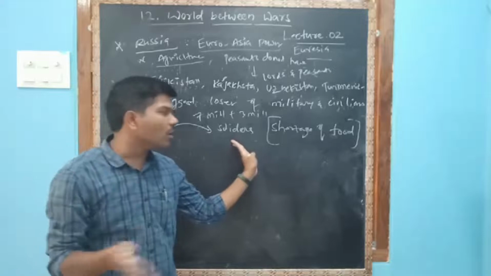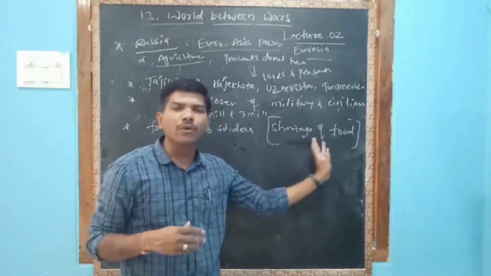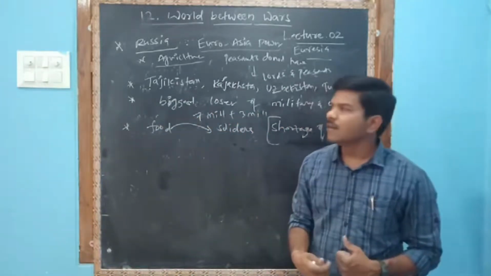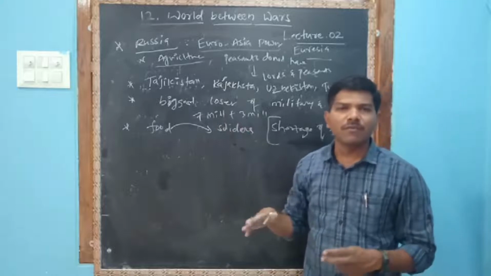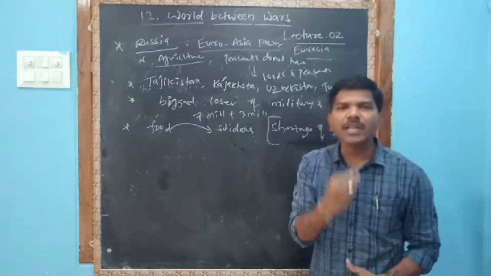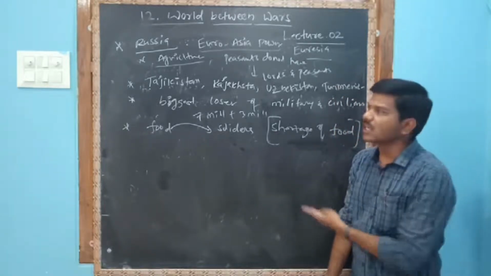Since most food was going towards the war purpose, there was a shortage of food. The agricultural people were very hungry, and they started to demand against this war. We don't want war. We want peace. We want bread. We want to eat something, but there is nothing to eat. So that's how a revolution started in Russia.